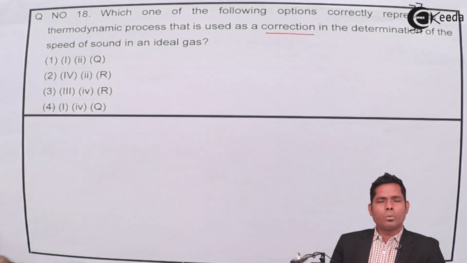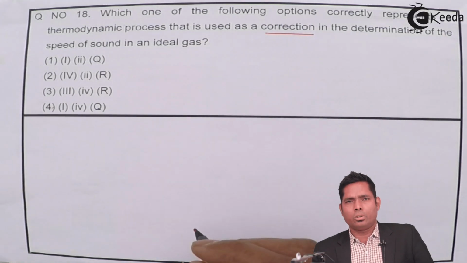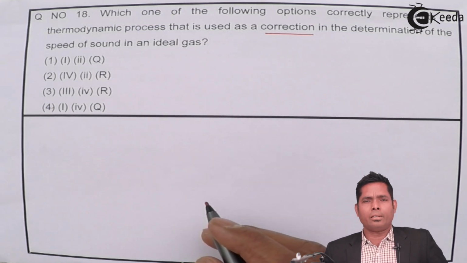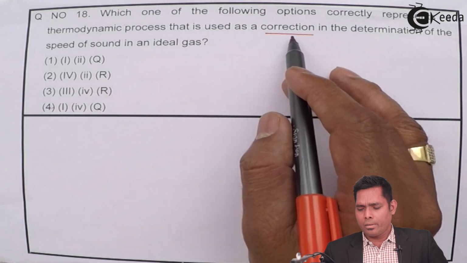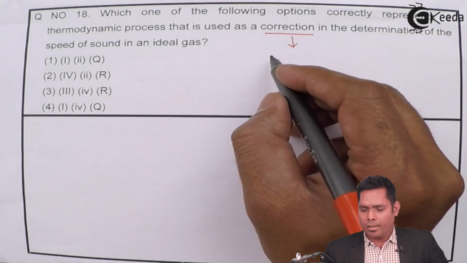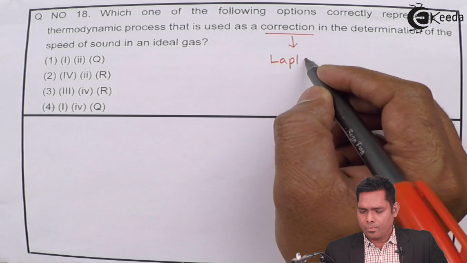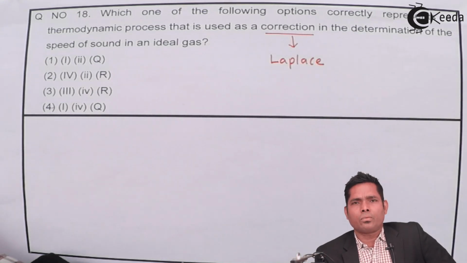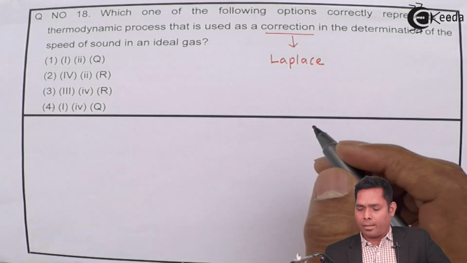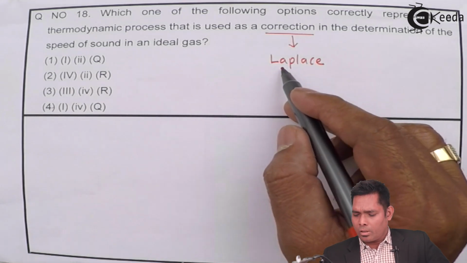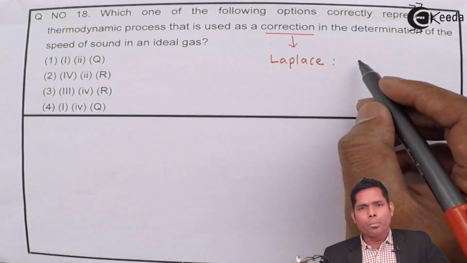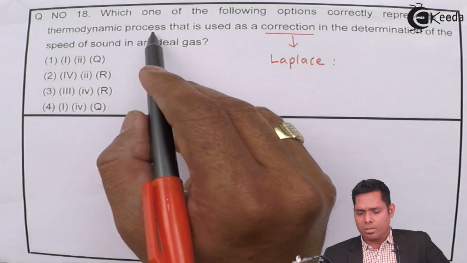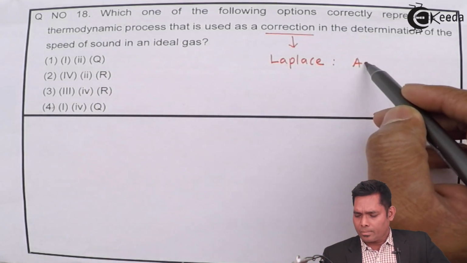If we look back to Newton's formula for speed of sound in air, this correction is made by Laplace, better known as the Laplace correction for speed of sound in air. This Laplace correction points to the thermodynamic process which is adiabatic in nature.